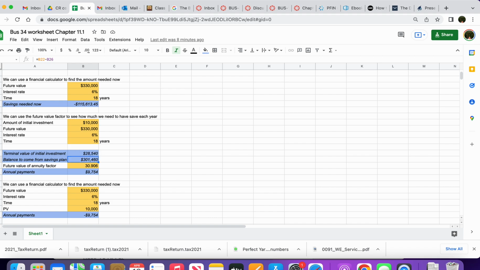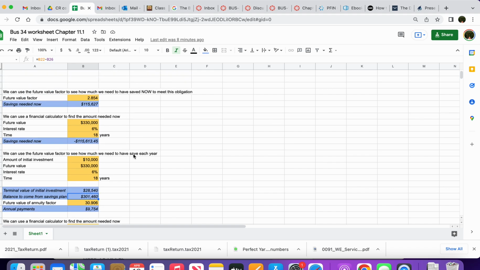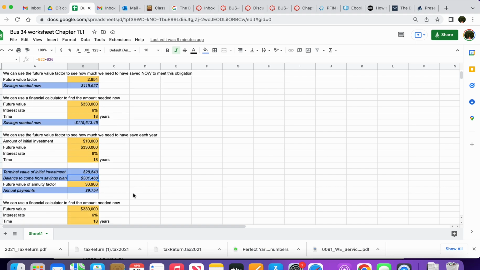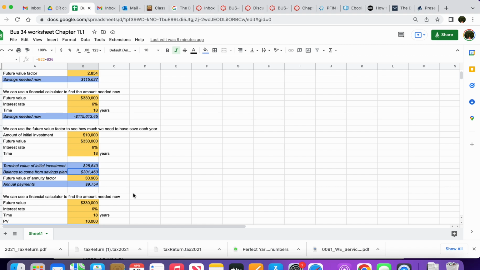what is the terminal value, so the future value, of the $10,000 that we have saved. To find that out, we can use the future value factor and multiply it by the $10,000 that we have right now, and we know that's going to be $28,540 in 18 years.